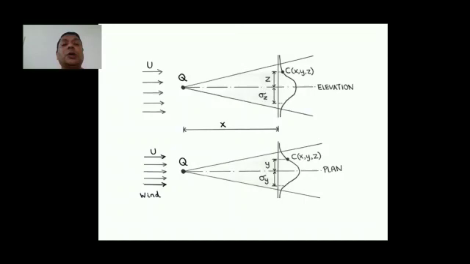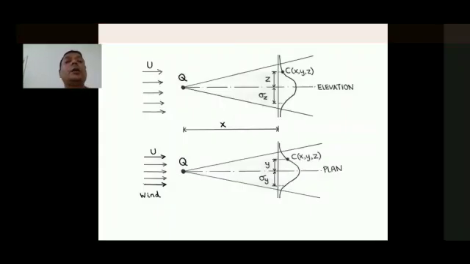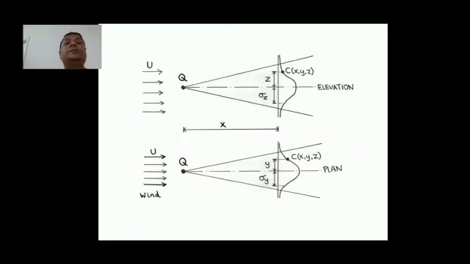Now this is the picture. This is shown in the case of elevation, so here we are seeing the z or sigma z, and in case of plan we are seeing here y and sigma y.